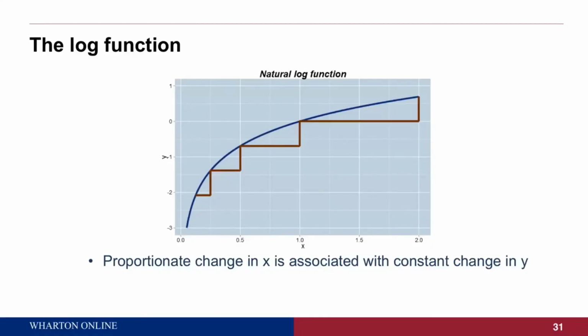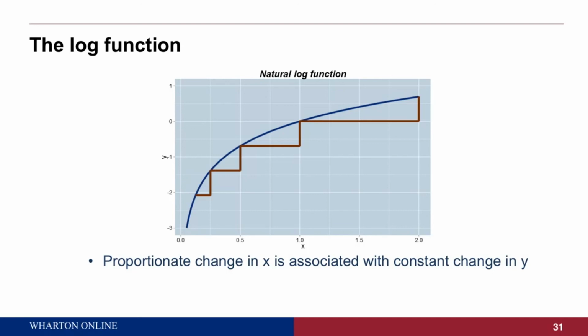So picking up the idea of the proportionate change in x being associated with the same constant change in y, you can see how that's working with the log function. And in this particular example, if we work our way up the steps that I've shown you here, the steps all have exactly the same height, but the length of the step is different. So we start off on the bottom left-hand side of this plot by going from 1/8 to 1/4.